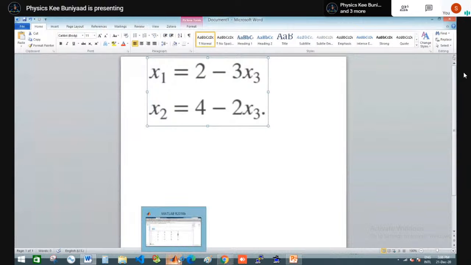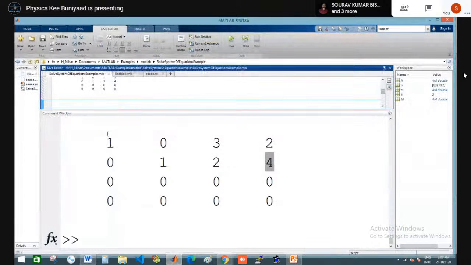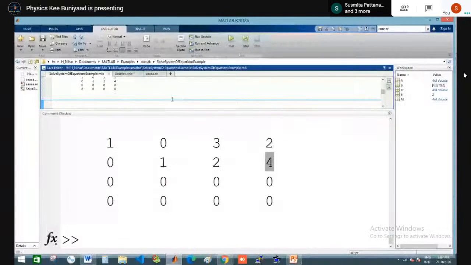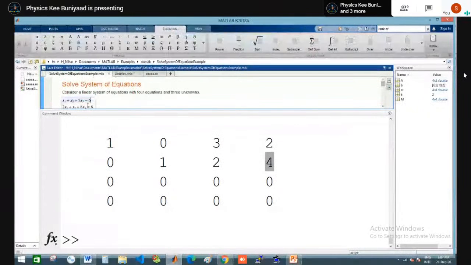Now go back to the equations. After the reduction, from the whole four equations we get these two equations. So from these two equations we can calculate back to those four equations. Let me tell you. The first row is 1, 0, 3, 2.